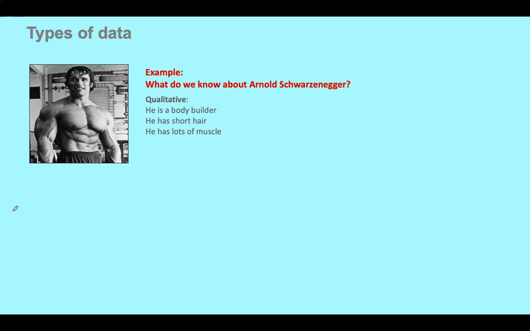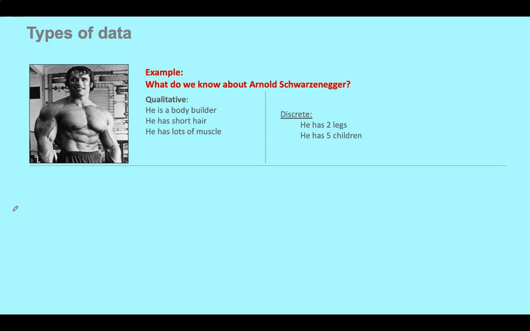Let's suppose we have an example here, Mr. Arnon. We have some certain information, called qualitative information, we want to gather. What is qualitative, I will be discussing. So this is some information: he is a bodybuilder, he has short hair, he has a lot of muscle. Okay. Discrete data: he has 2 legs, he has 5 children.